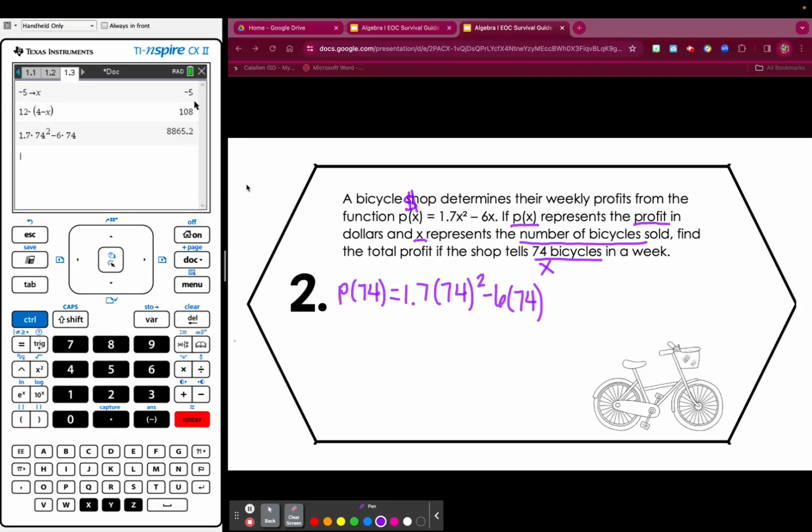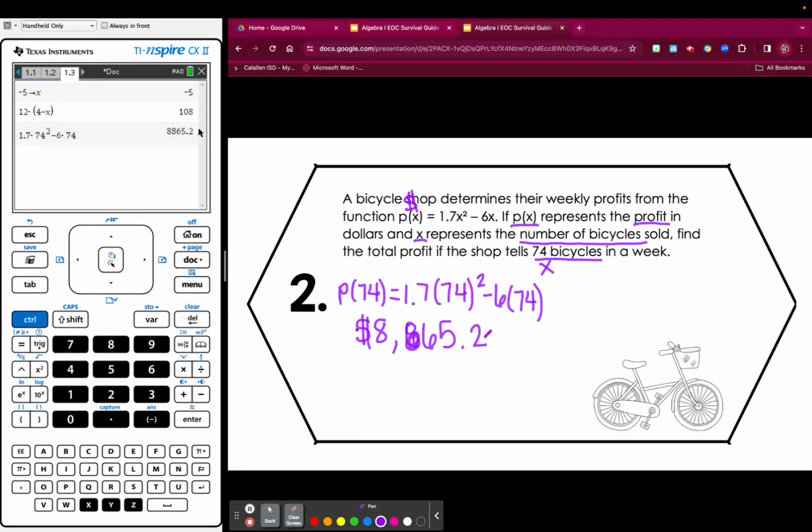Pressing enter, we get 8,865.2. Now remember, our output is talking about the profit in dollars, so this answer is in dollars. I'm going to put the dollar sign, 8,865.2. Also remember, when we're talking about money, we have 2 decimal places, so I'm going to add a 0 behind the 2. So that was doing it algebraically.